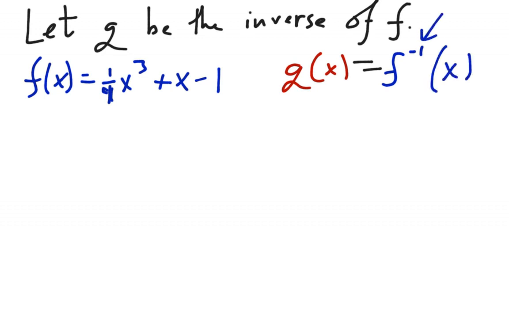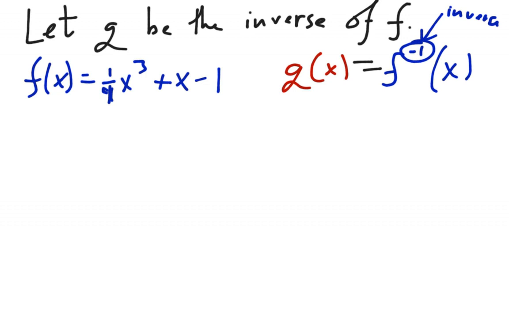Now this negative 1 is not 1 over f, and it's not the negative first derivative of f. All the negative 1 means is inverse. So if you ever see that notation, that means inverse function. You probably learned in Algebra 1 how to find the inverse: switch x and y and solve for y.